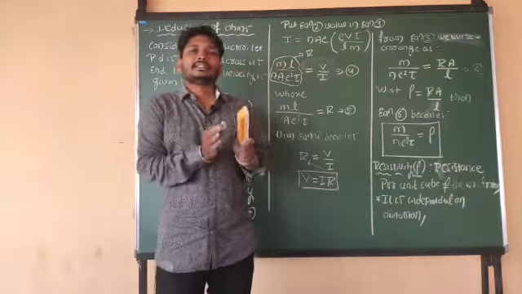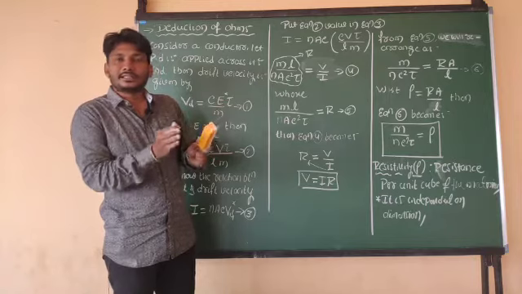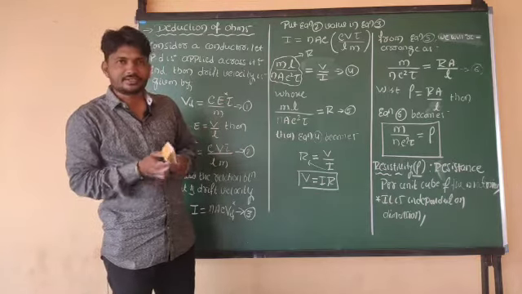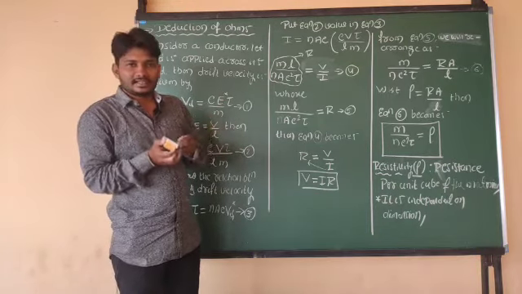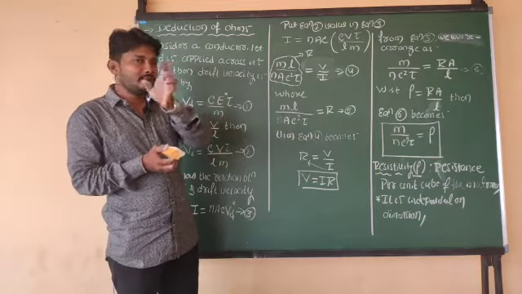So resistivity is independent of length and area, so I can consider resistivity is independent of its dimensions. However you increase or decrease the length of the wire or the area of cross section of the wire, the resistivity value will remain the same.